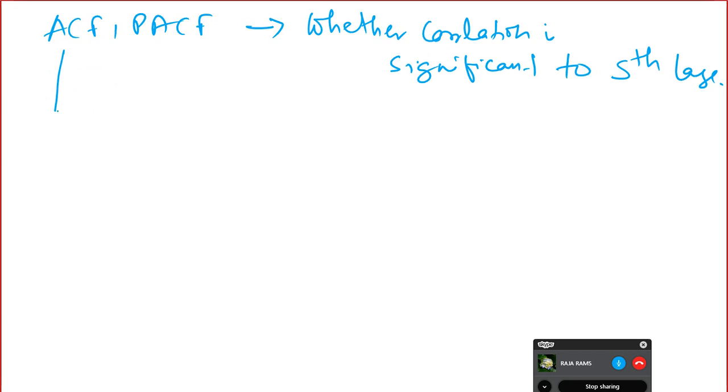Let's say you plot the correlation: this is lag 1, this is lag 2, this is lag 3. You understand what a lag is, right? Naturally, in a time series, when you go backward through the lags, the effect of the lag will be less.